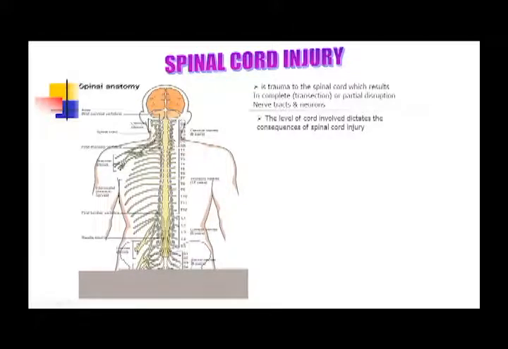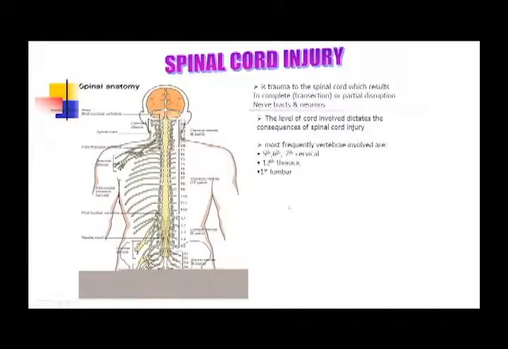If, however, the affectation is on the cervical vertebrae, expect that the clinical manifestations would refer to anything below it. So example would be quadriplegia or paralysis of all four extremities. And we also have here problems in breathing, problems with intestinal function, urinary function. So these are examples of these ones.